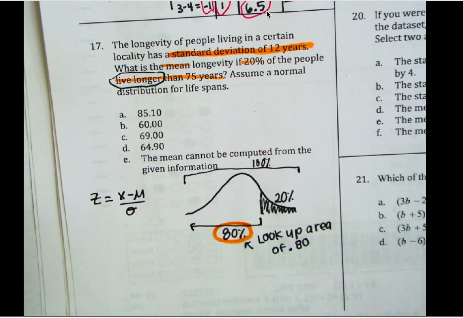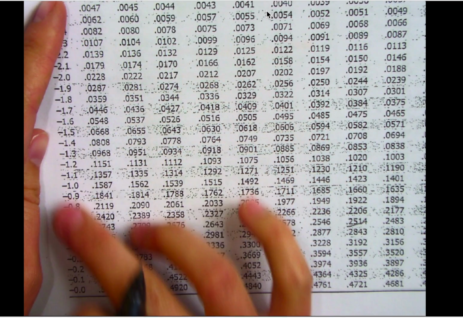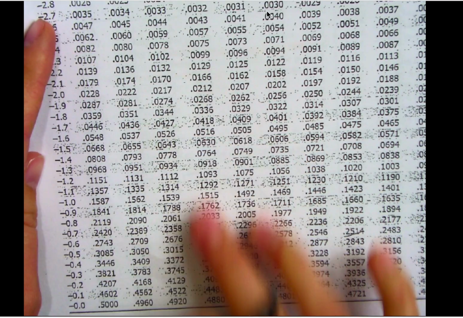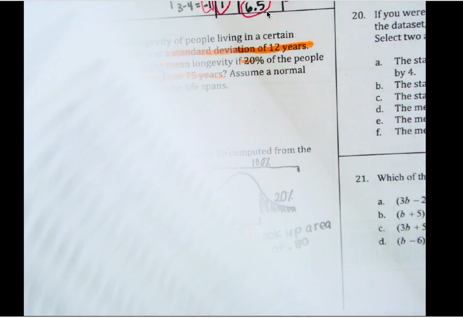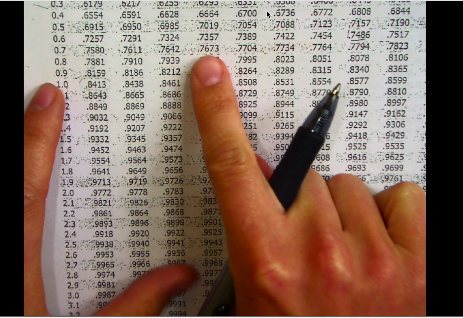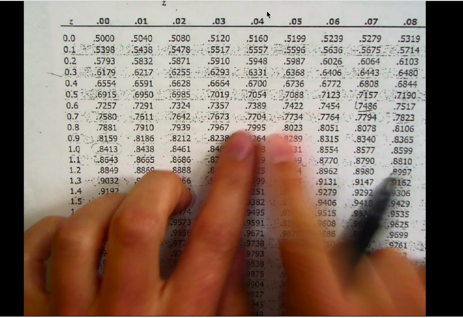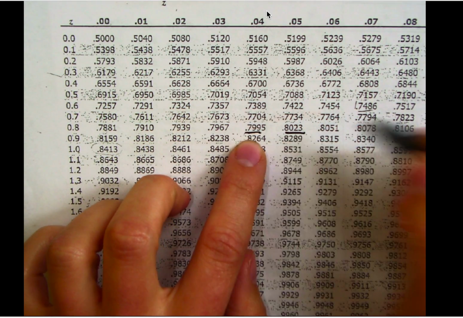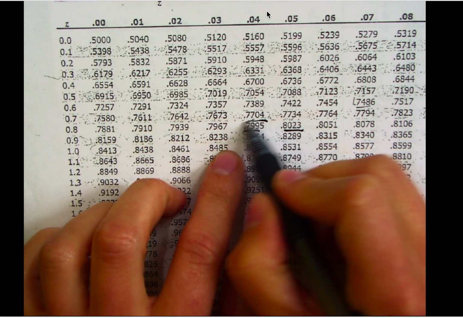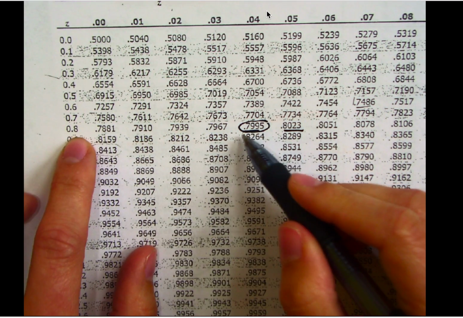So what I do is I grab my table and I look for the area of 0.80. So this is the negative z-score side. So I'm not over here. These are smaller areas. So 0.80, I'm going over here and it falls right about here. Okay, so I'm going to pick this one and I'm going to look for the z-score.